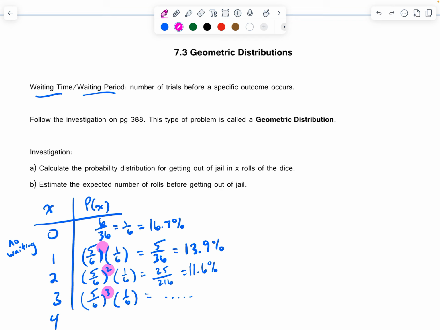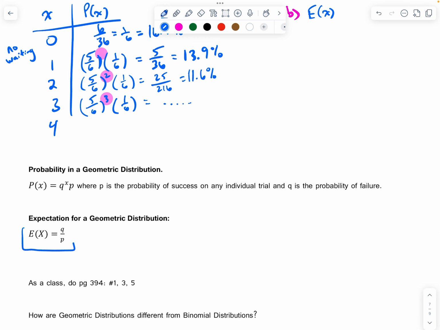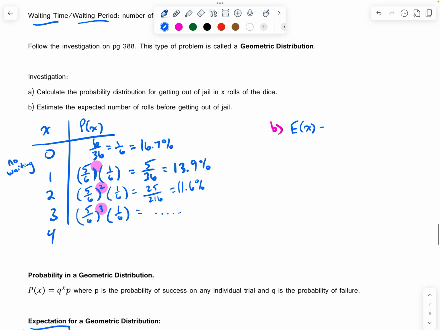Now, how many times would you expect to roll a die before you actually get what you want? That's part B. So estimate the expected rolls. Well, I'll give you the formula and you'll see it below. The expected value formula is Q over P, where Q is failures and P is success. So the probability that I fail is 5 over 6 at getting doubles.